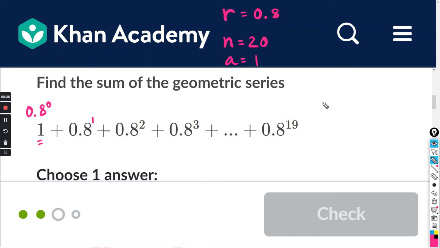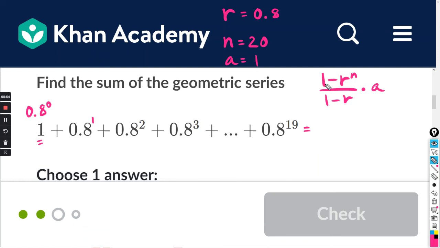You just use the formula. So the summation is going to be (1 minus r to the n) over (1 minus r), times a.